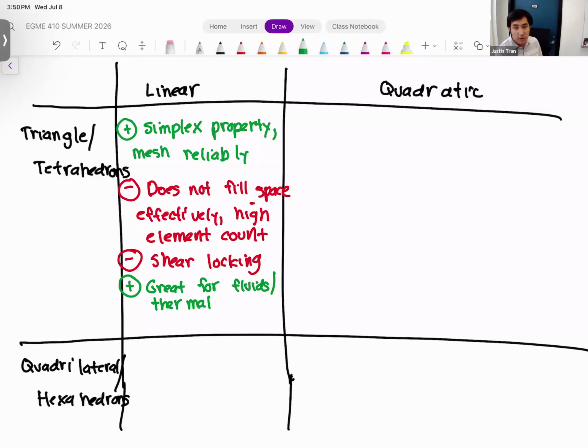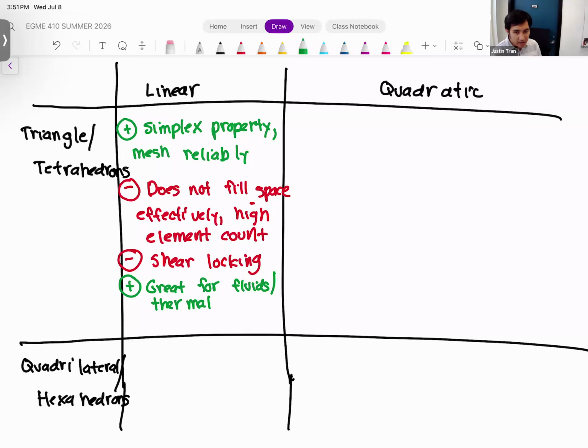Because fluids are convection dominated, which basically means that there's flow, the way finite elements discretizes Navier-Stokes, you could have solutions that oscillate and have vibrations that are not necessarily physical. And so you have to add some additional stabilization terms for finite element fluids, and that stabilization only works for linear elements.